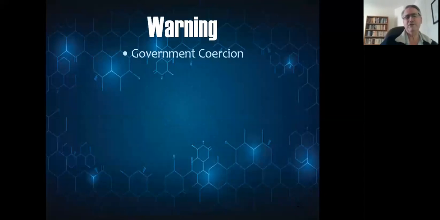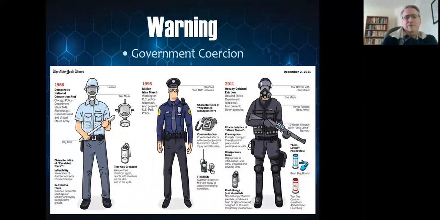One of the issues of social engineering that has been a particular problem is government coercion. This figure shows the change in the level of equipment in riot control forces, in police forces in the United States.